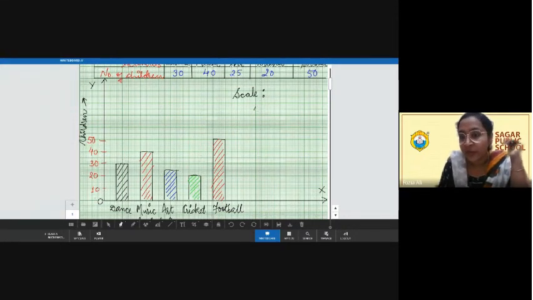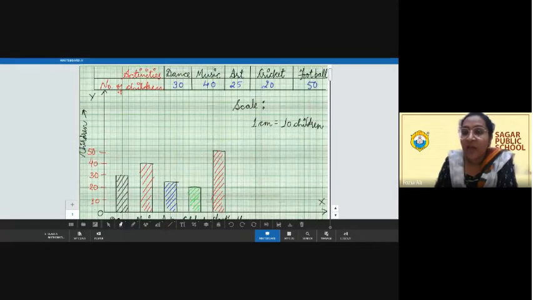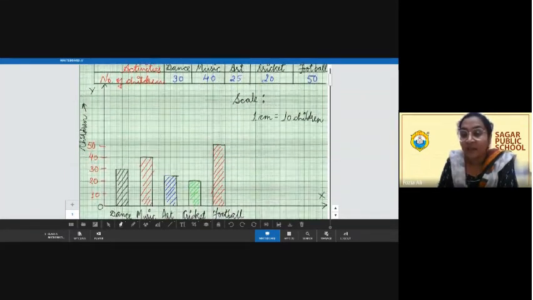So we need to write that 1 centimeter on the y-axis is equal to 10 children. Like this, this completes our bar graph. It is showing the activities which are loved by children.